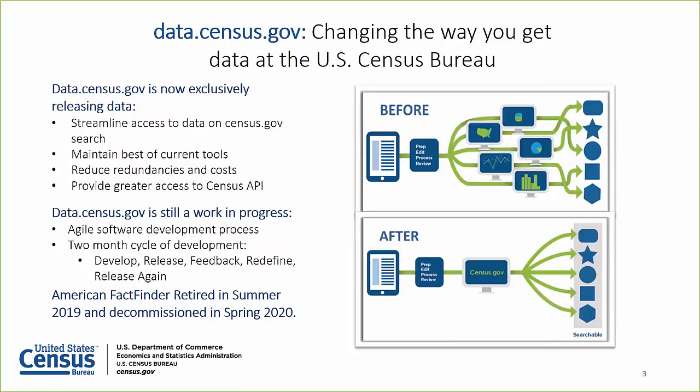We understand that it is not an ideal process, but we want to make sure that you get the input up front and not when everything has been built and finished like things were when we released AFF in 2011. So even though this is a difficult process, we have gotten a lot of positive responses that people really do like having a hand in creating this dissemination system, and we do really appreciate your engagement.